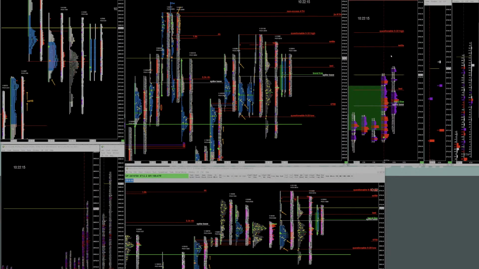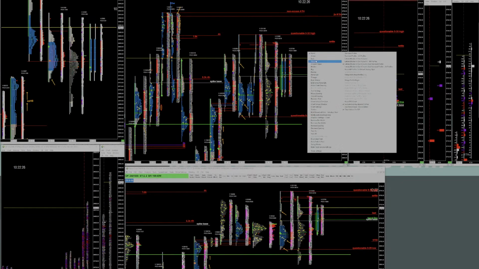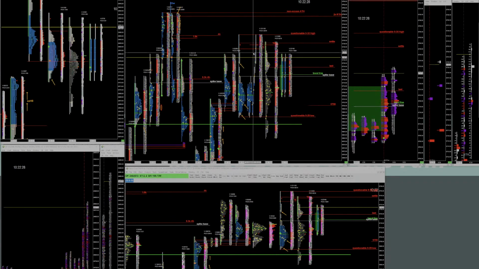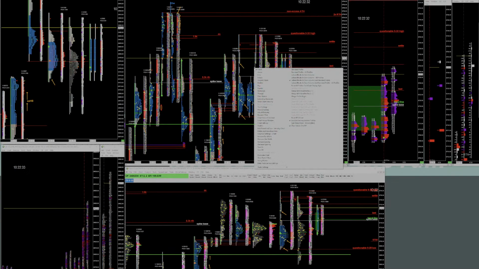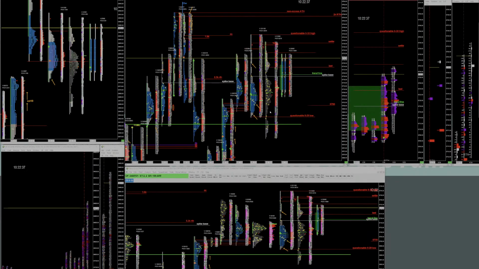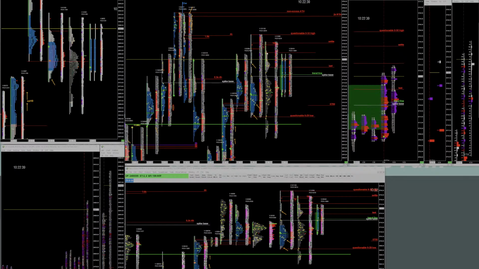That's completely different. It's very mechanical high here.